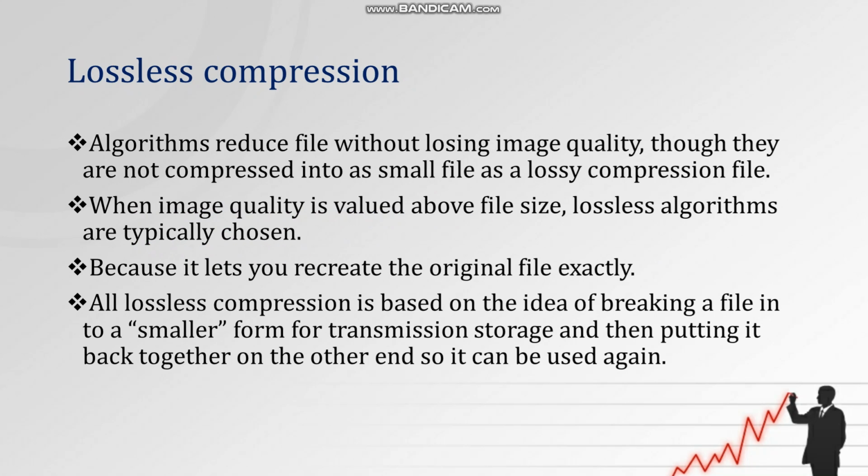When image quality is valued above file size, lossless algorithms are typically chosen because they let you recreate the original file exactly. All lossless compression is based on the idea of breaking a file into a smaller form for transmission or storage and then putting it back together on the other end so it can be used again.